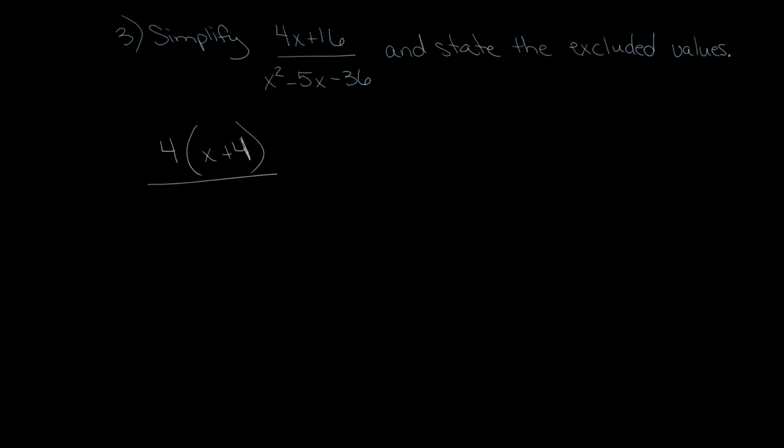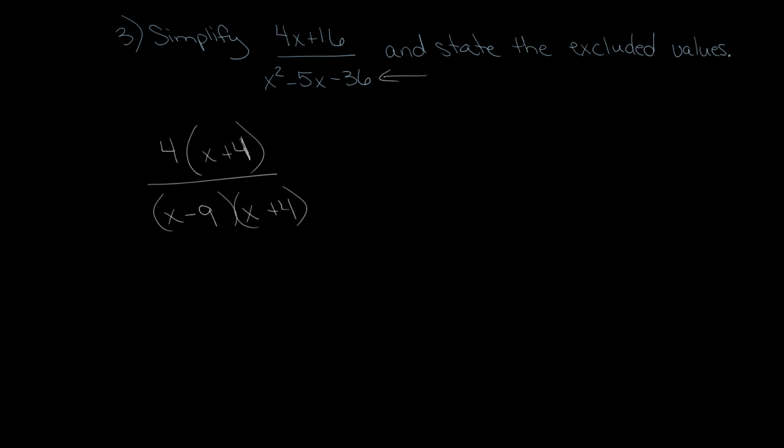What do I multiply 4 by to get 16? 4. In the denominator, I'm going to factor this. x times x is x squared. What multiplies together to give you -36 and adds together to give you -5? -9 and +4.